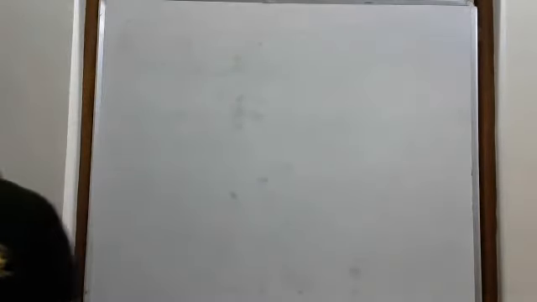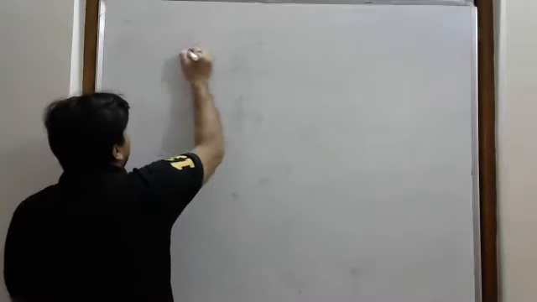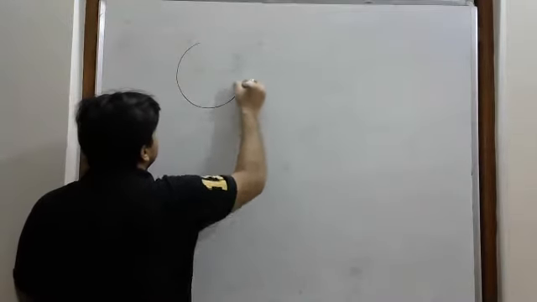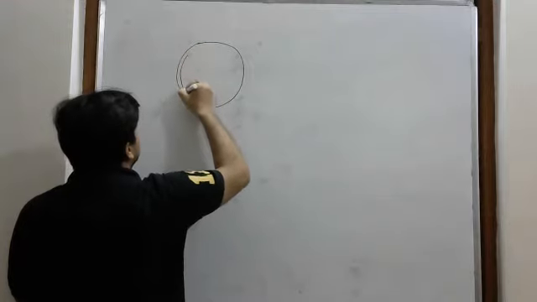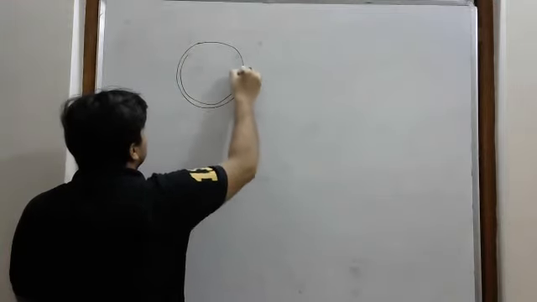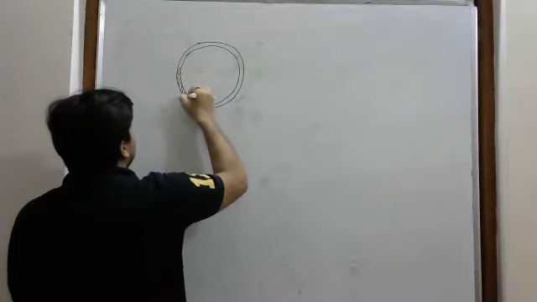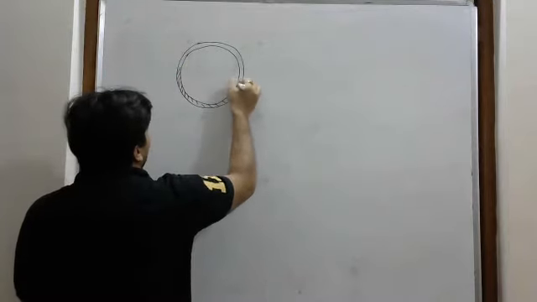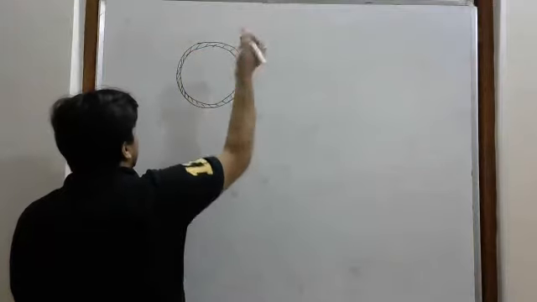So now, the fouling factor. This is our heat exchanger, and I am taking this as new. New means there is no contamination layer inside the surface or outside the surface.